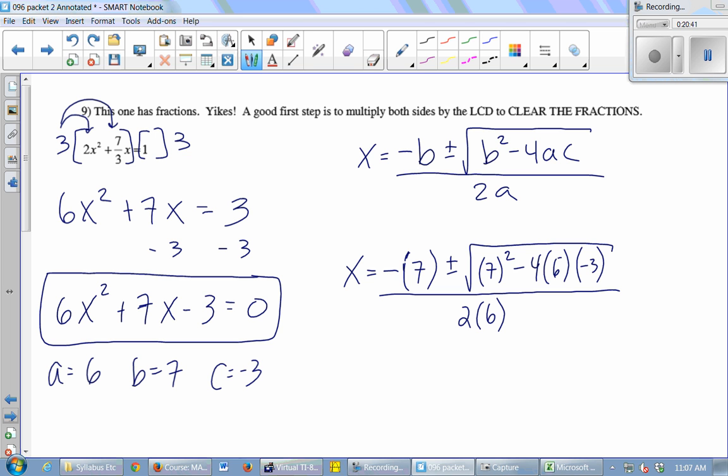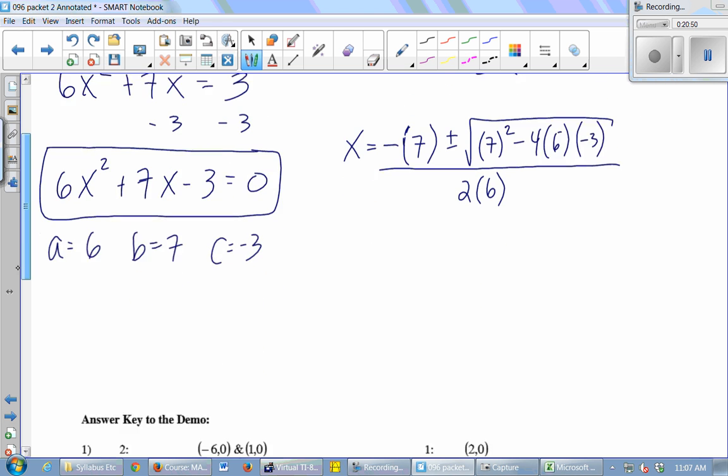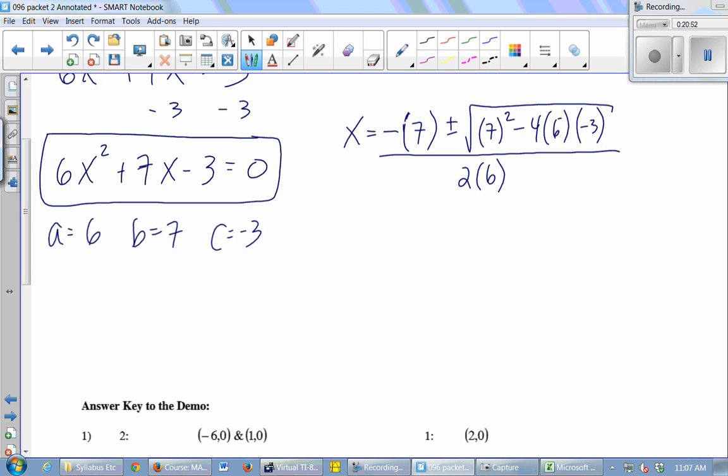So every time you replace one of those letters with a number, put parentheses around it. And then we just simplify. Now it's just a matter of arithmetic. So I get x equals negative 7. What is 7 squared?